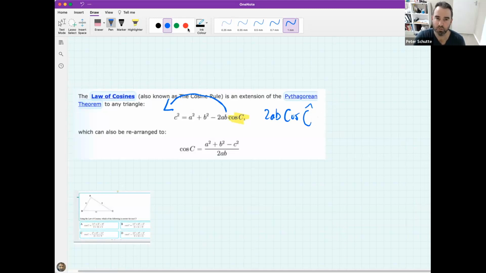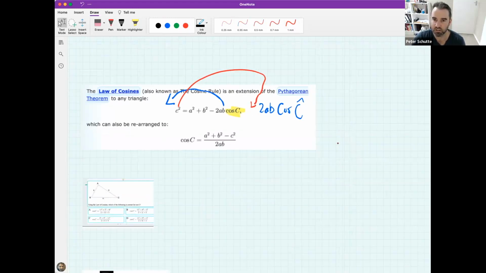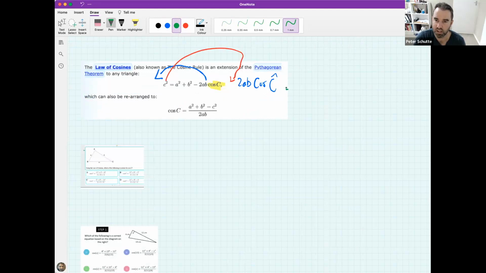And then I'm going to move the c squared to this side, and it's going to become minus, and we've got, equals a squared plus b squared minus c squared.